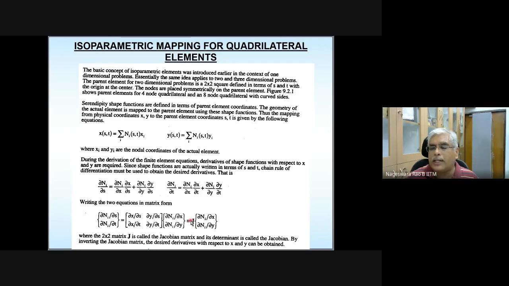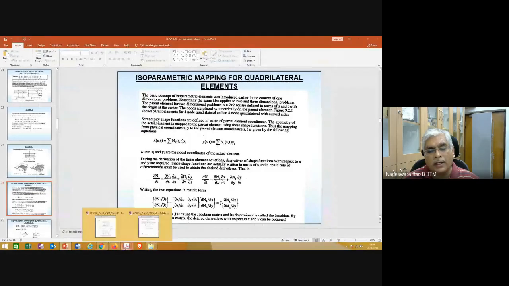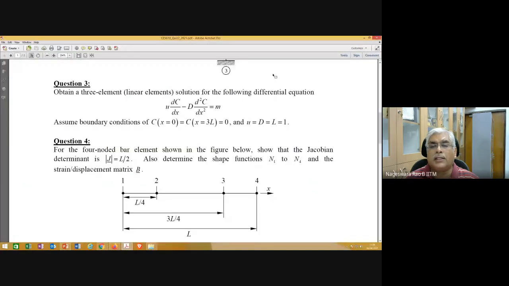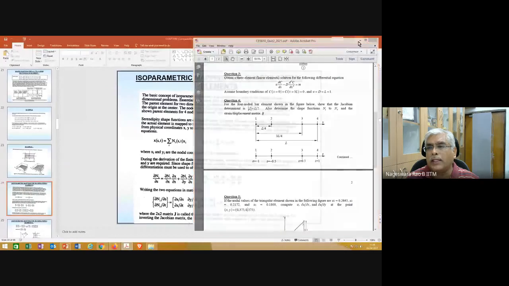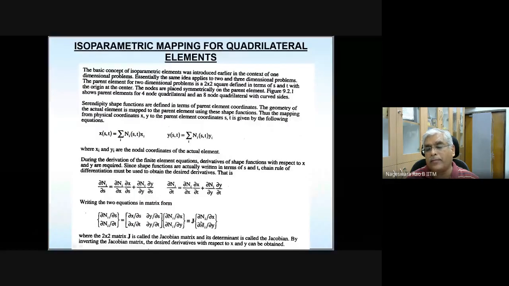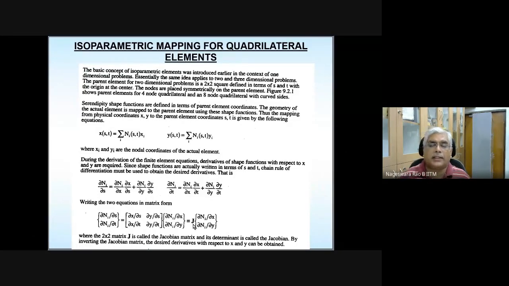In a quiz, this J is not bolded, or here actually J is not bolded. But for the one-dimensional case, J is a scalar quantity. For two-dimensional problems, J is going to be a matrix. So that matrix is this one.